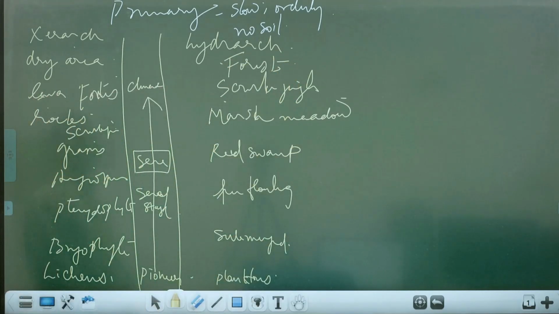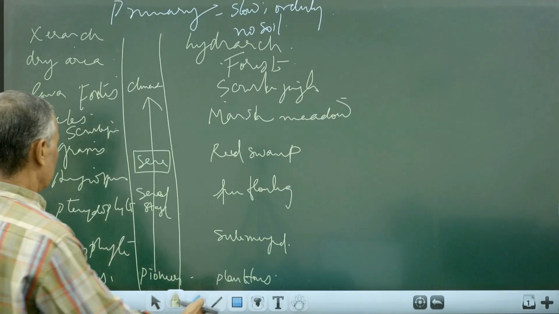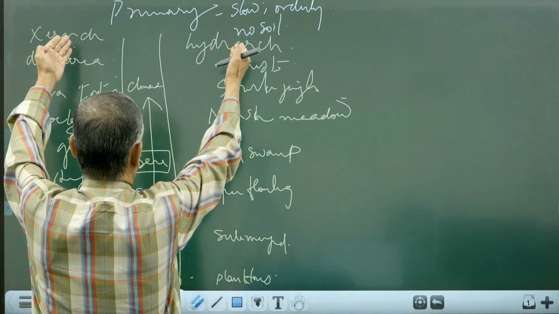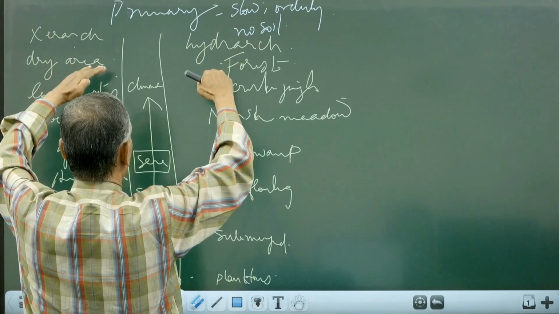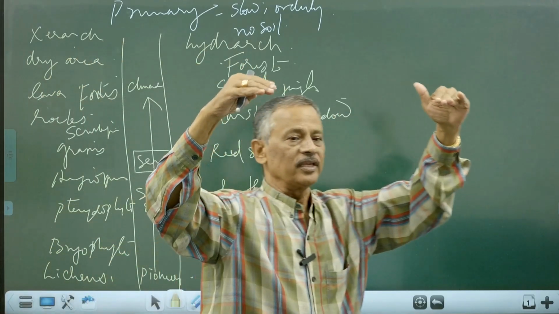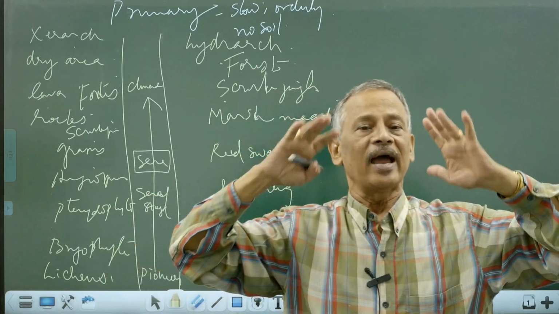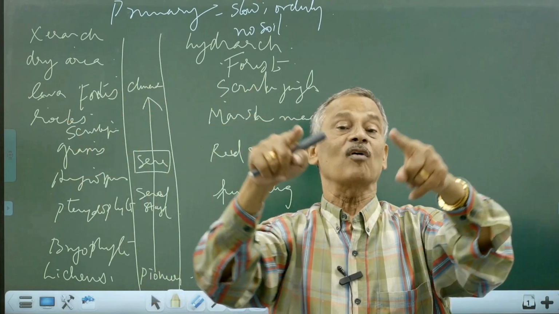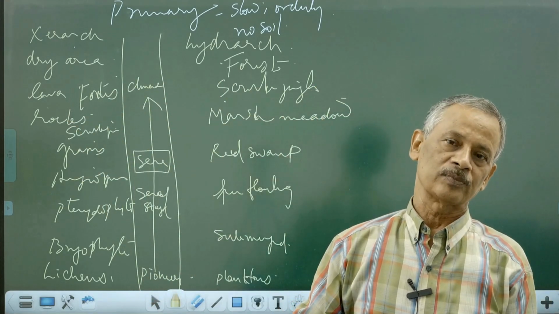So in both xerarch and hydrarch, the pioneer community is growing towards the climax community. Climax community is the community which is best developed, which is in equilibrium with the environment. Okay. And the climax community will be remaining without change as long as the environment is also remaining unchanged.